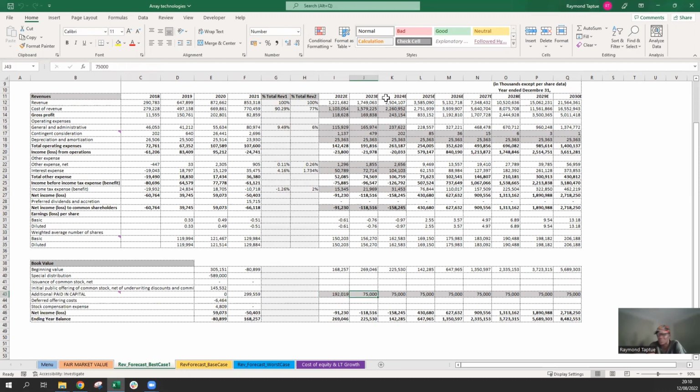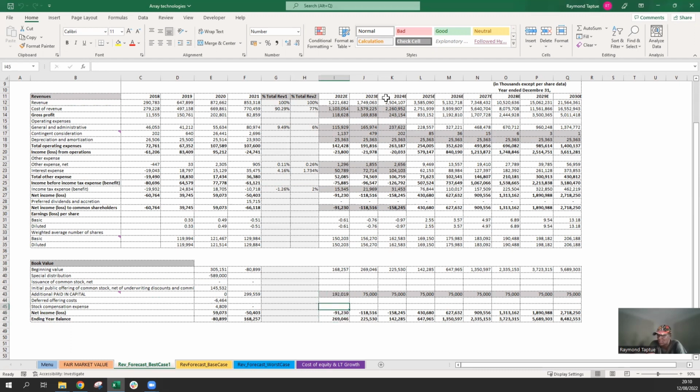So from 2023, I will make a provision of about 75 million per year for the additional paid-in capital. And this value that I got, which is about 192 million, was my estimation for the additional paid-in capital using the last quarterly statement that they've just published.